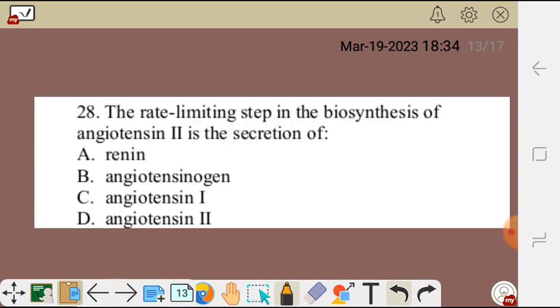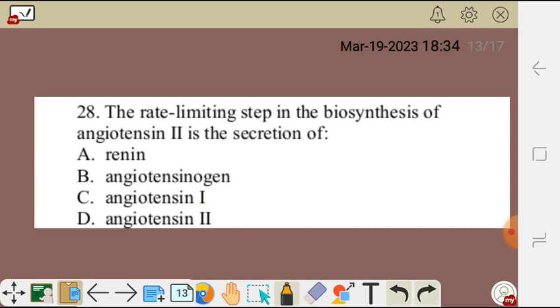Question 28. The rate limiting step in the biosynthesis of angiotensin 2 is the secretion of A, renin, B, angiotensinogen, C, angiotensin 1, D, angiotensin 2. The correct answer here is renin. What happens is that renin will be produced and then it will convert angiotensinogen into angiotensin 1.